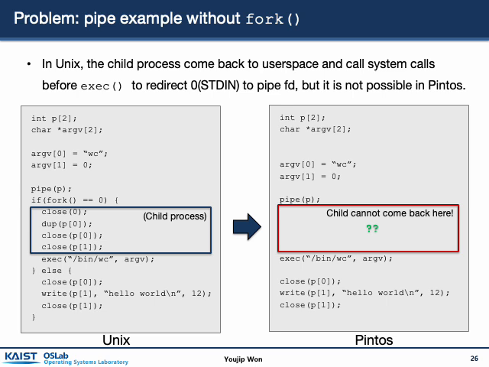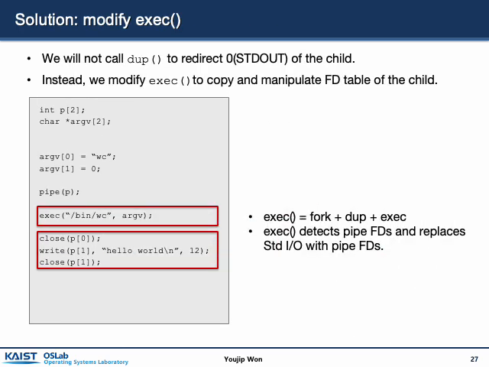In Unix, the child process comes back to user space and calls system calls before exec to redirect the standard in to the pipe file descriptor, but it is not possible in Pintos, since the child cannot come back to user space. So the solution is modifying the exec function. We will not call the dup system call to redirect standard in of the child.